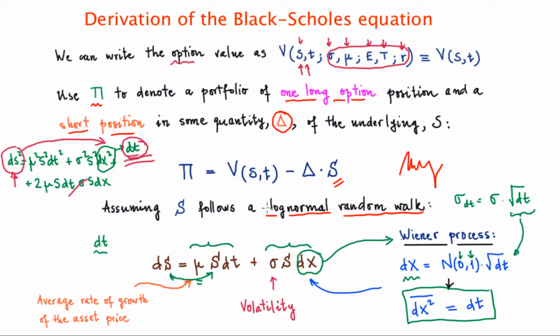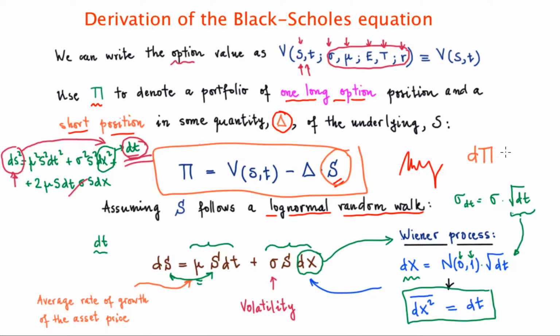We'll insist on that in the following and later. So first, we have just defined this portfolio and consider that this asset is following a log normal random walk. And next we'll analyze the change in the value of the portfolio when we make a change in ds and dt, and we'll consider just linear contributions in ds and dt. And that's what we're going to do next.